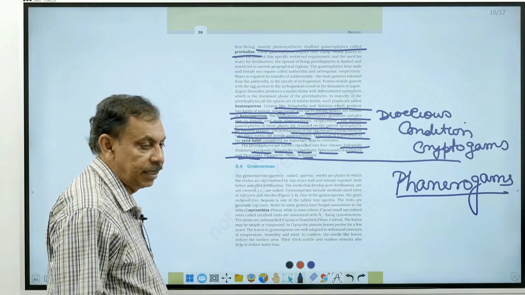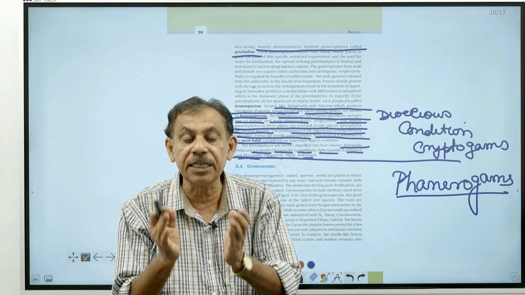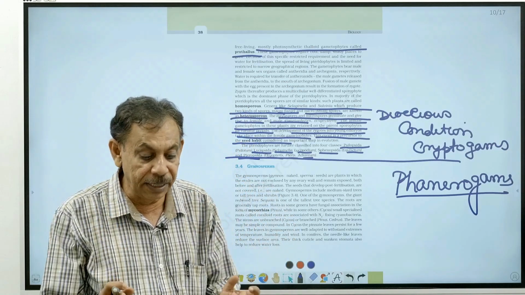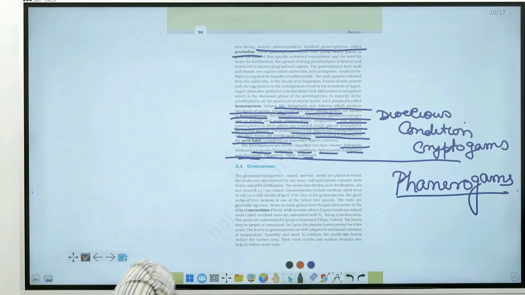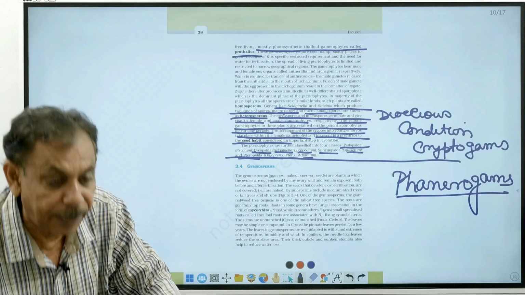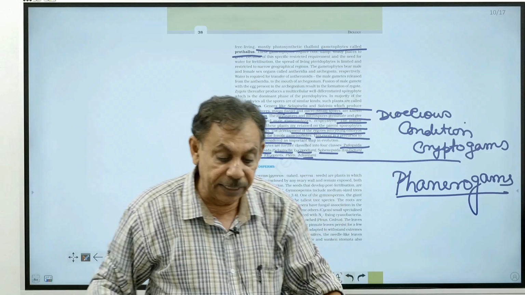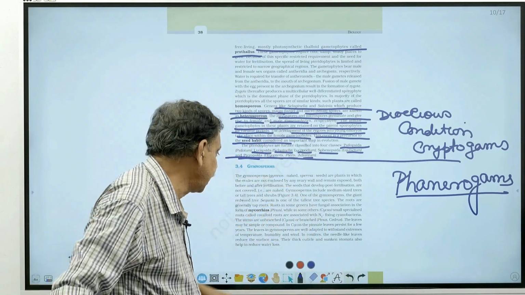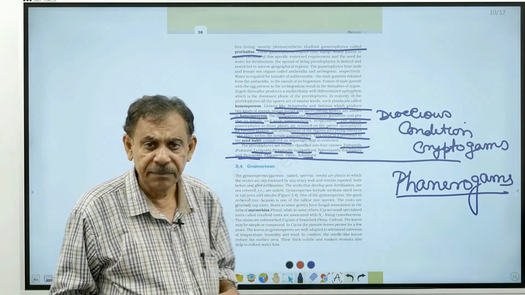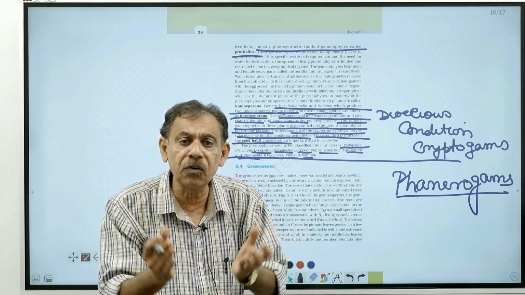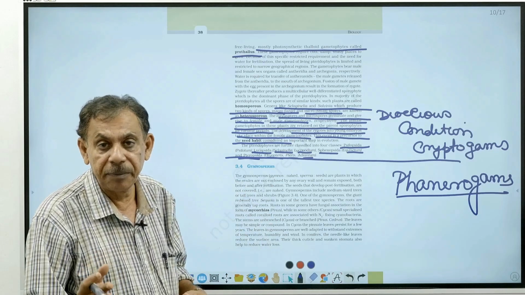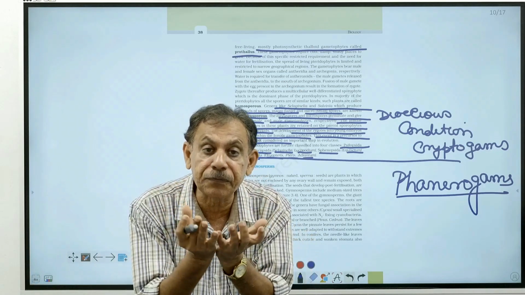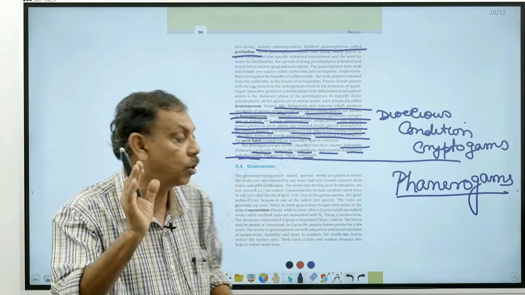Gymno means naked, sperma means seed. Gymnosperms produce naked seeds. Why naked seed? Because there is no ovary wall. Ovary wall is absent. In angiosperms, the seed is enclosed in a fruit. Fruit is nothing but ovary wall.